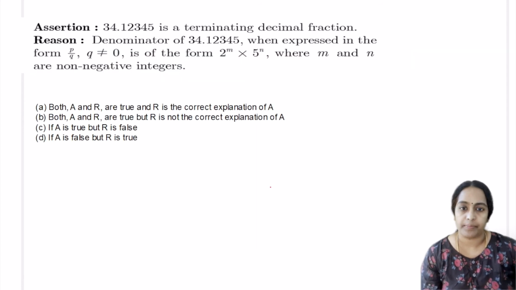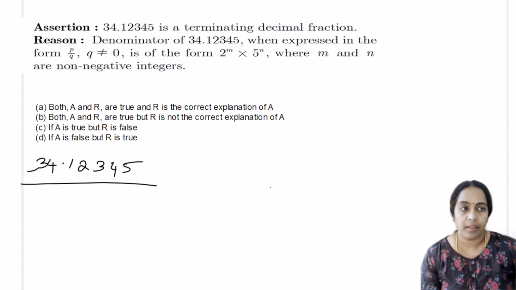Next question. The question says, assertion statement: 34.12345 is the number, and it is a terminating decimal expansion. Yes, it is definitely a terminating decimal expansion.